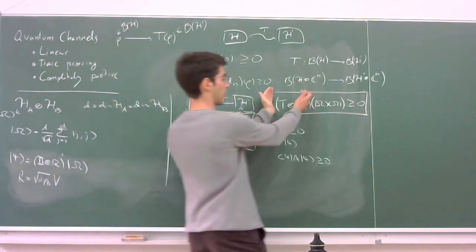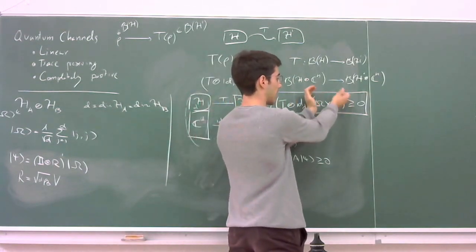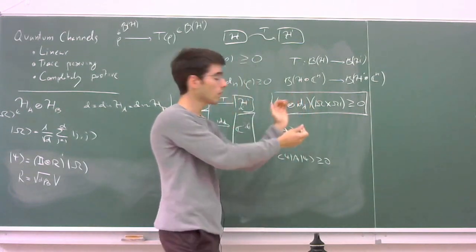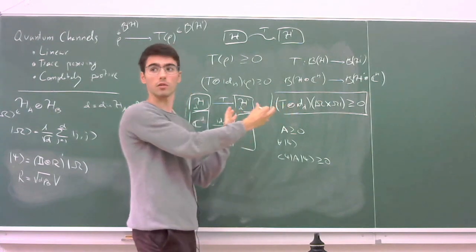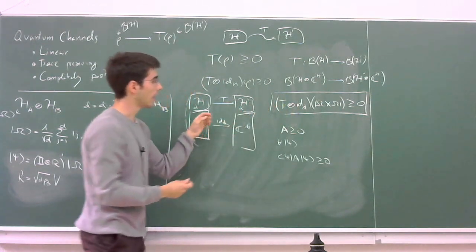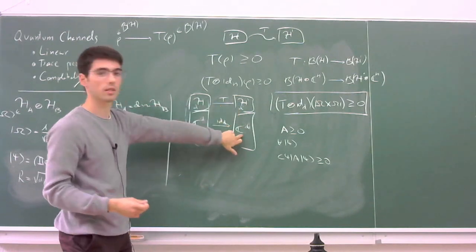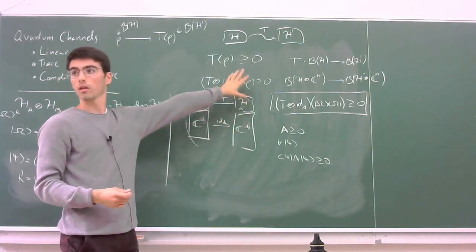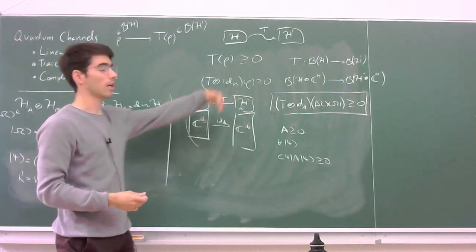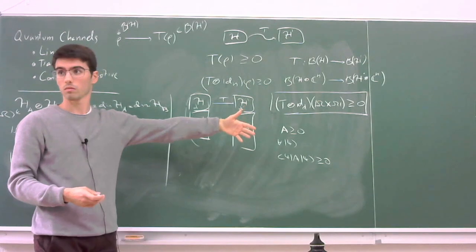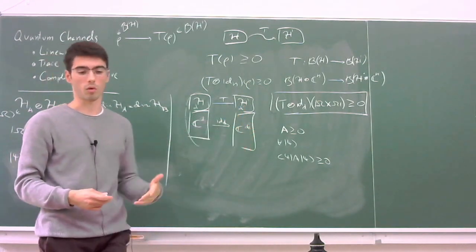This is a joint map acting on the maximally entangled state, and the output state, which is a very big density matrix, lives in this d prime times d dimensional space. That matrix is the Choi-Jamiołkowski matrix, which is related to many properties.